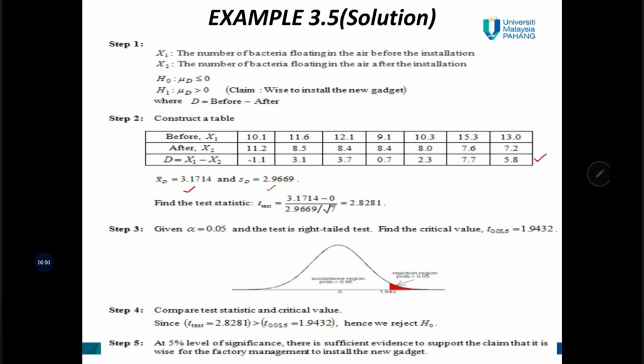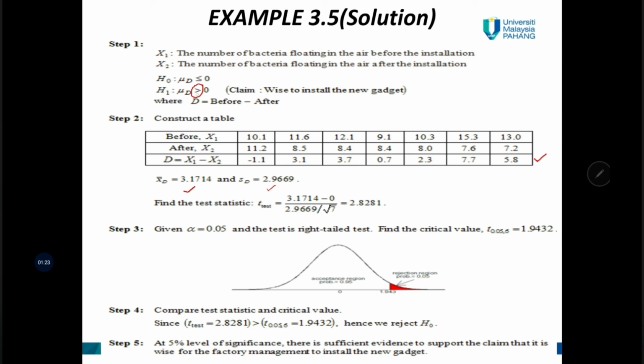Go to step 3, where we want to identify the rejection region and critical value. The test used is the t-test, so we need to plot a t distribution as shown here. The next step is to identify the rejection region. We look at the inequality used in H1, that is greater than.